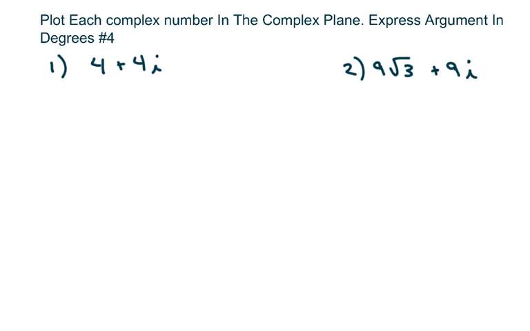Okay, so for the first one, the first thing I want to find is my polar coordinate, which would be r and theta. And your r you can get by taking the square root of x squared plus y squared, and that's going to equal square root of 4 squared, just a minute.